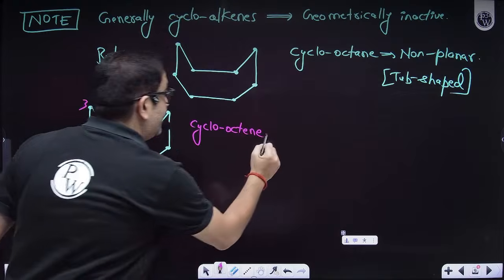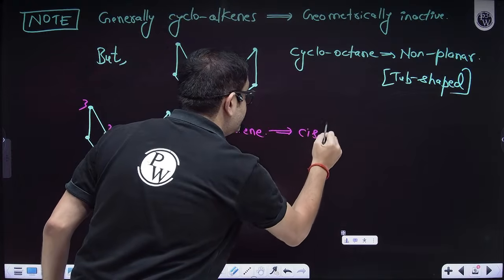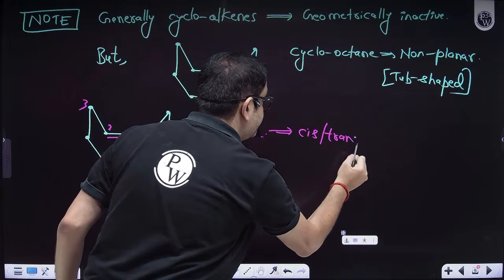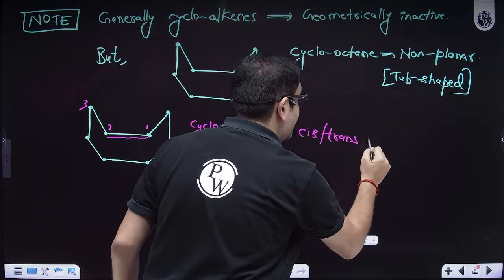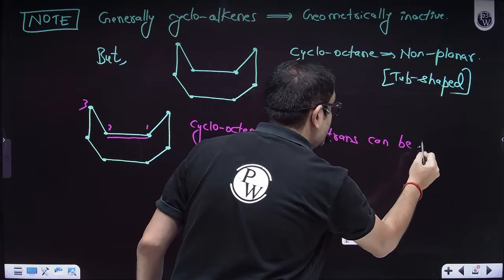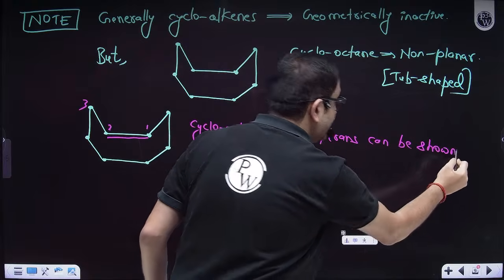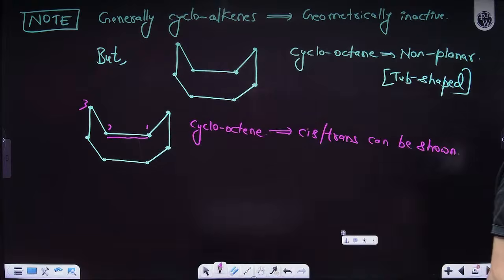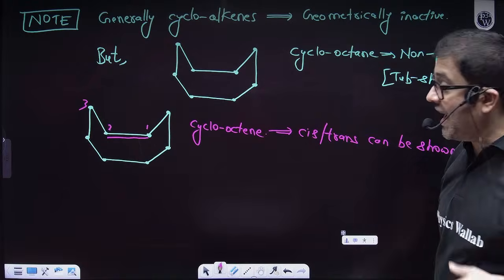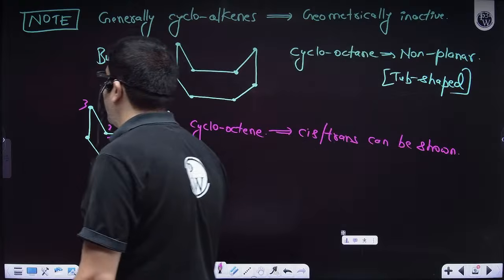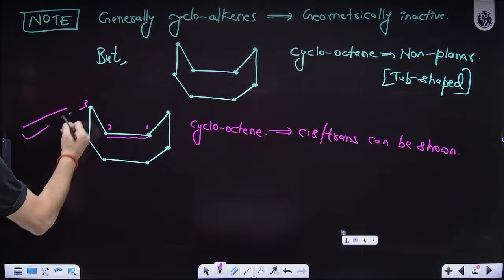This can definitely show cis-trans isomerism. Cis-trans can be shown. Just write this, beta, because these geometrical isomers have been isolated in mother nature.